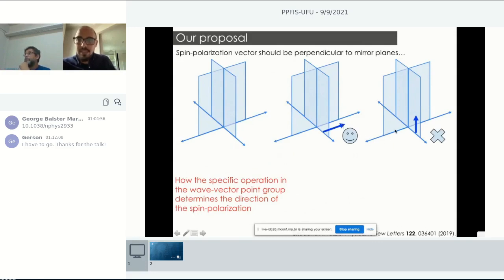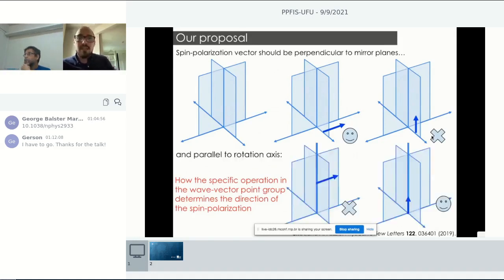This means that if the spin is parallel to the plane, we are going to break that symmetry. Or in other words, if we have a symmetry plane in the compound, the spin must be perpendicular to that plane. Otherwise, essentially, this symmetry doesn't exist.